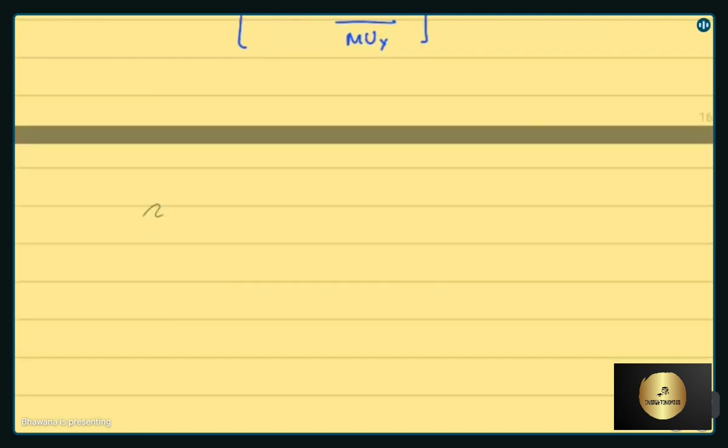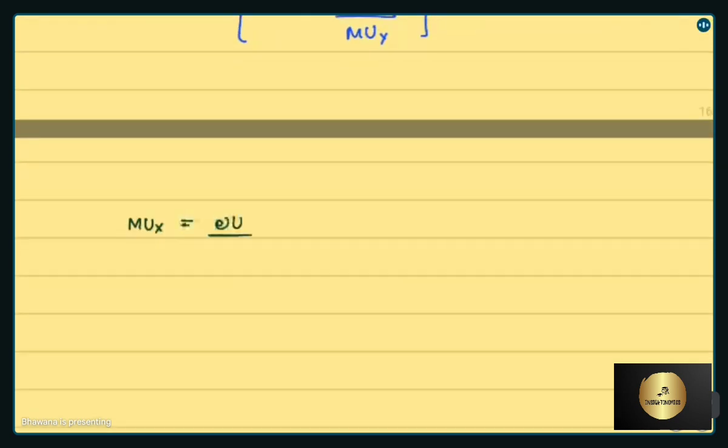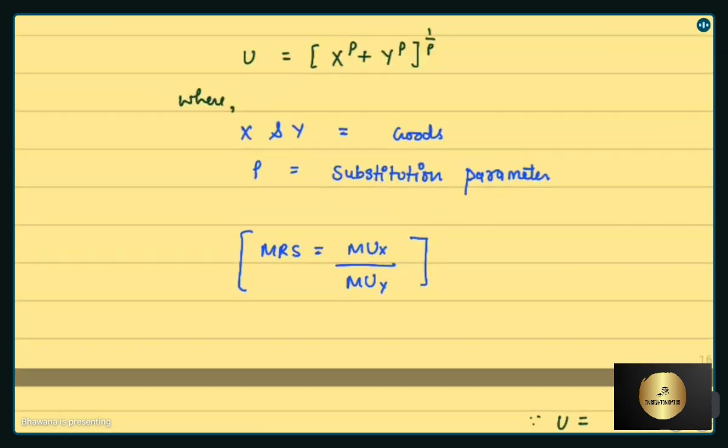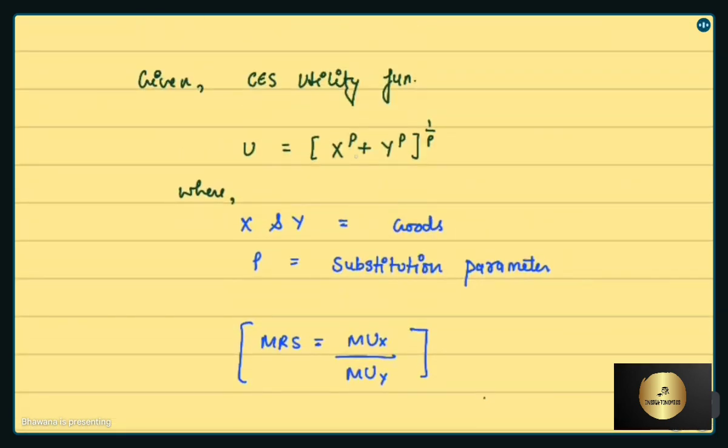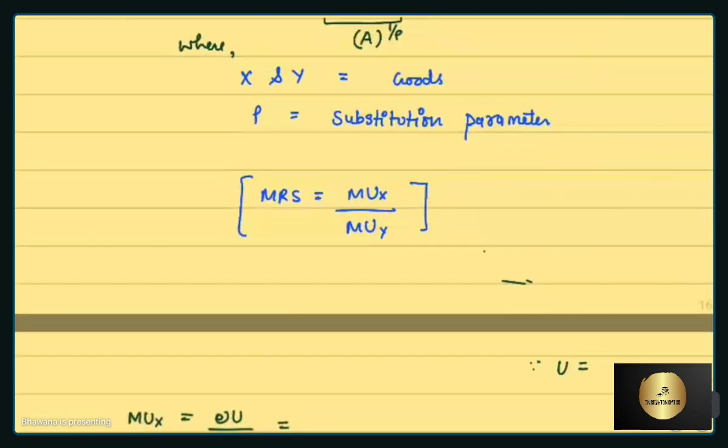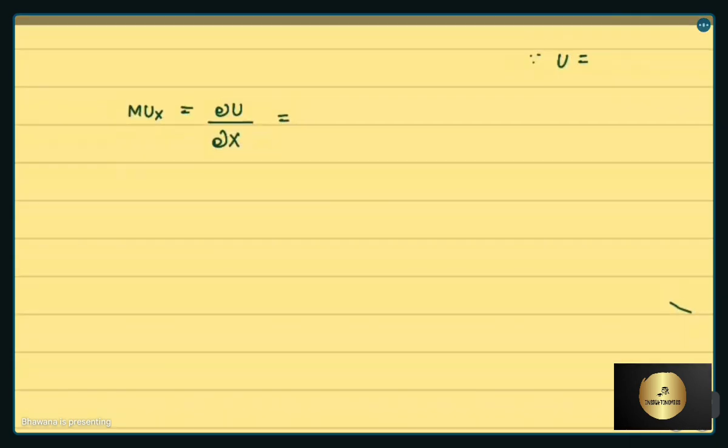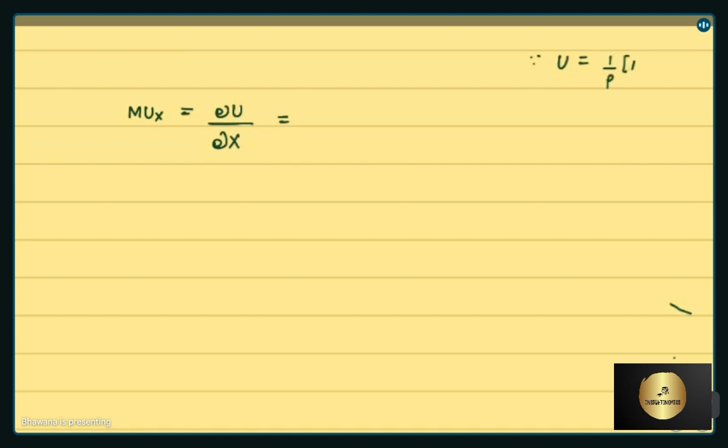As we know, MUX is the partial derivative of U with respect to X. You can look at it as U equals the entire term a, raised to the power 1/rho. First differentiate with respect to that: 1/rho comes to the front and you are left with a^(1/rho - 1). That is the first differentiation.